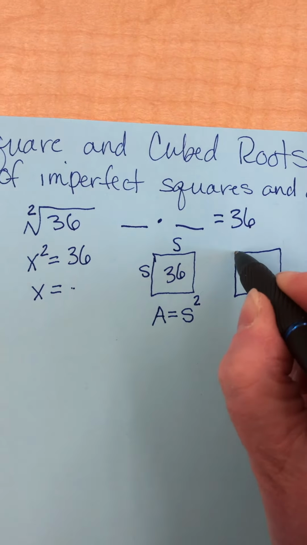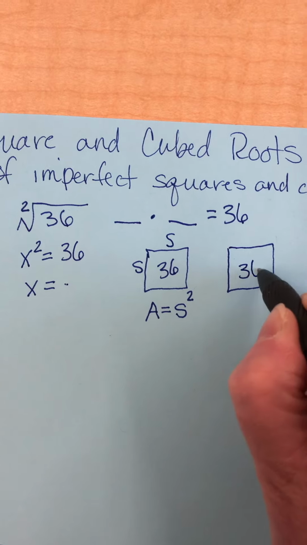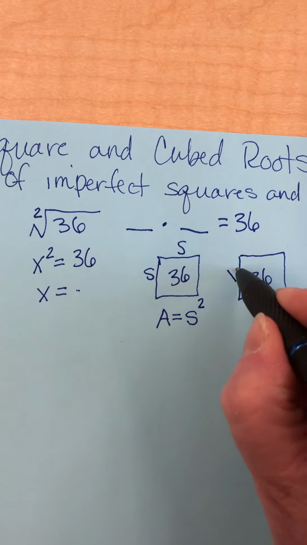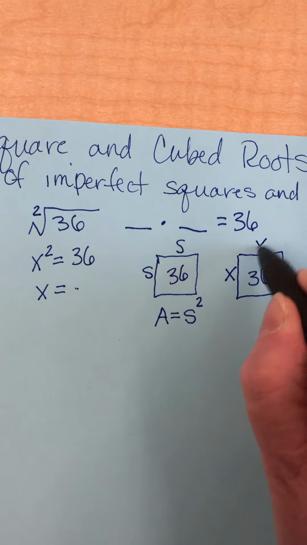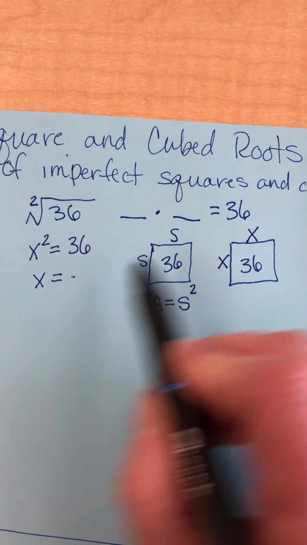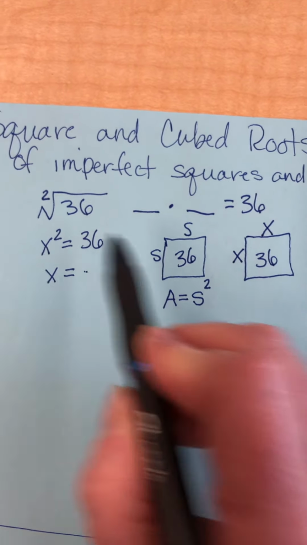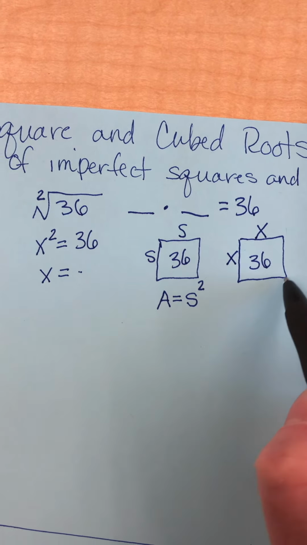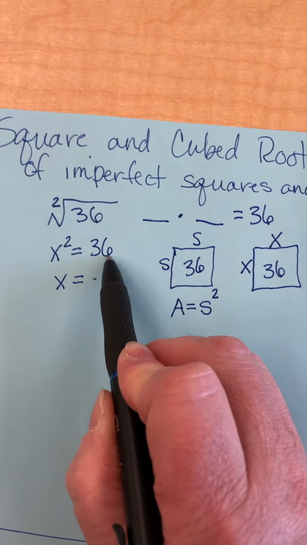A lot of times we use an X. So if the area is 36, and I get that number from in here, then I'm going to do one number times itself, which is why I'm using the same variable. So x times x is x squared, which is where this comes from. And when we do this multiplication, we get the area itself of this full square, which is 36.